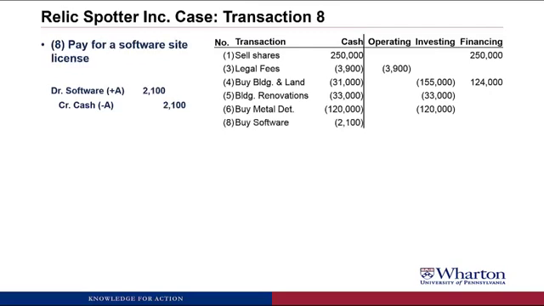Okay, next we're going to skip transaction 7 because that was a non-cash transaction. Relic Spotter had purchased inventory on account, and we move to transaction 8 where Relic Spotter had paid $2,100 cash for a 3-year software site license. Why don't you try to guess whether that's operating, investing, or financing?